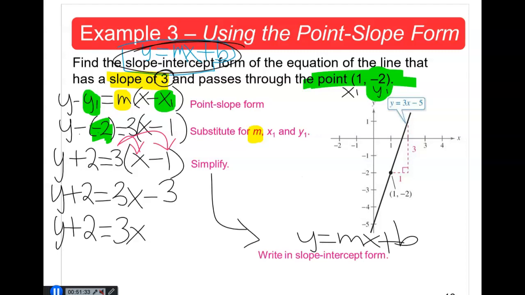Let me do this horizontally. So y plus 2 is equal to whatever we see on the other side. What I want to do is subtract 2, and whatever I do to one side, I need to do to the other side.